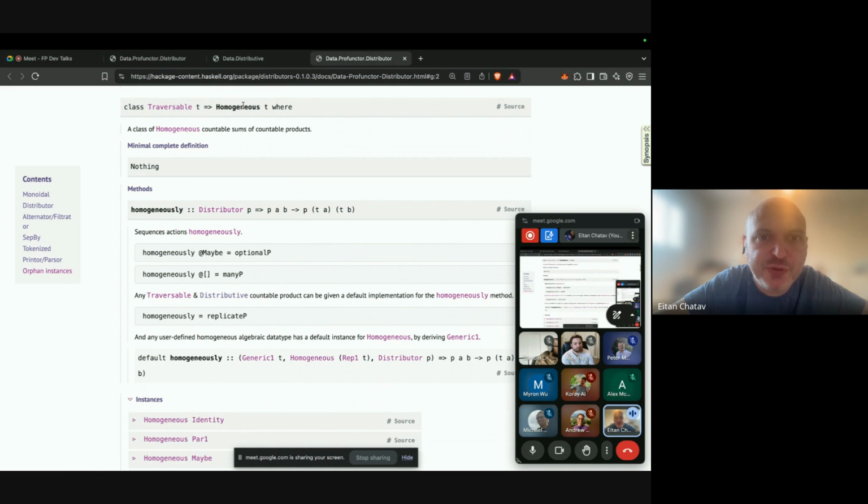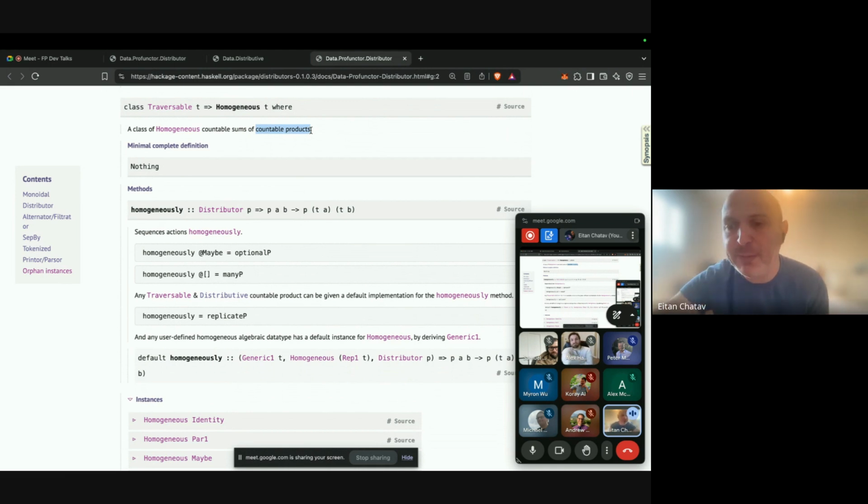The next thing I want to talk about just briefly is that we can create a new type class for container types that extends traversable called homogeneous, which is going to be the class of homogeneous countable sums of countable products. So the prototypical example here is list. List is a countable sum of countable products because it's either a list of length 0, which is a 0 tuple, or a list of length 1, which is a 1 tuple, or a 2 tuple, or a 3 tuple, or a 4 tuple, and so on and so forth.